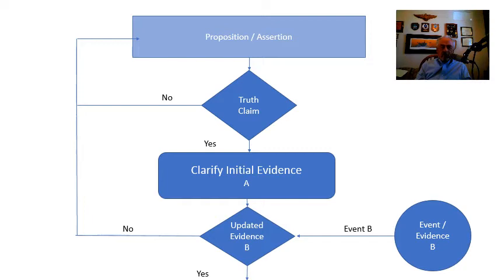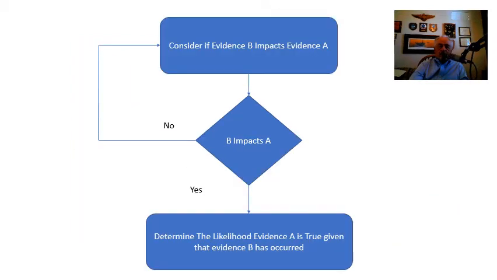If the claim is made, we continue to the clarification of the initial evidence, which we call A, evidence A, and then that is updated with evidence B, and we consider if evidence B impacts evidence A. If there is an impact or an interaction, then we determine the likelihood of evidence A is true given that evidence B has occurred.